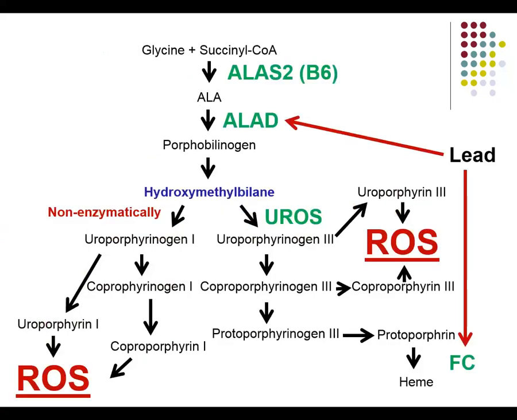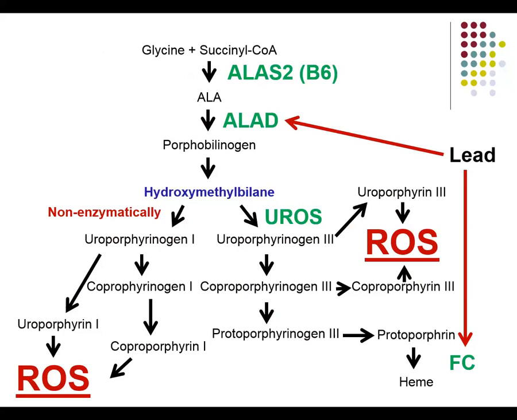The second step in the synthesis of heme is catalyzed by delta-aminolevulinic acid dehydratase, or ALA-D, and this step results in the formation of porphobilinogen. The last step in the synthesis of heme is catalyzed by ferrochelatase, which is abbreviated as FC in this figure. This last step results in the insertion of the iron into the heme group.